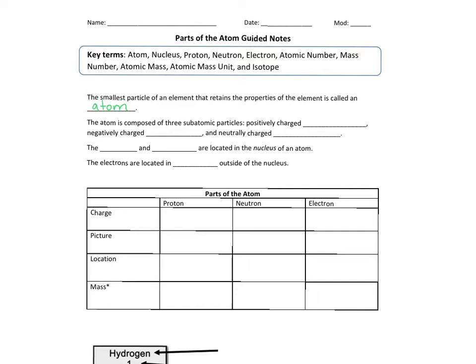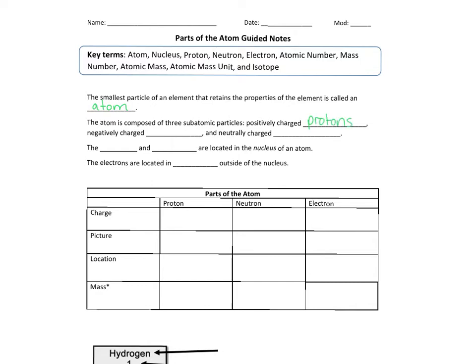So an atom is composed of three different subatomic particles, and subatomic just means smaller than an atom. Okay, and you should have learned about these or picked up on them when you were researching your theorists. So we have positively charged protons.